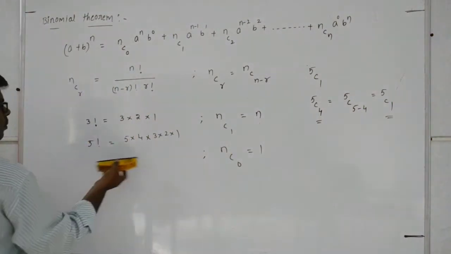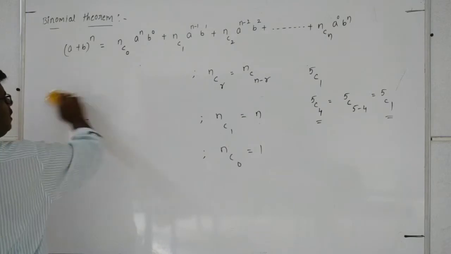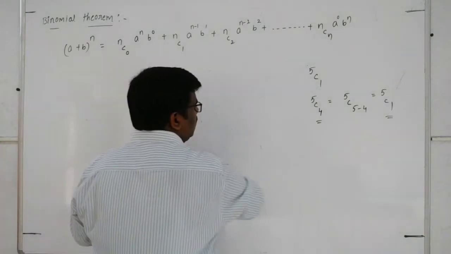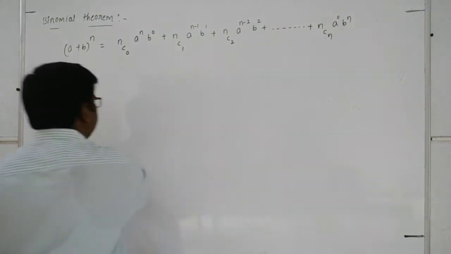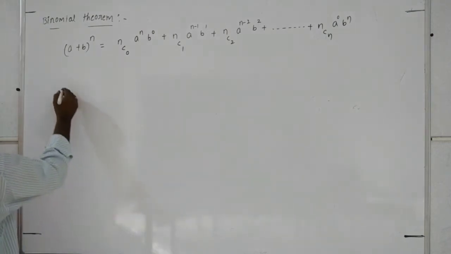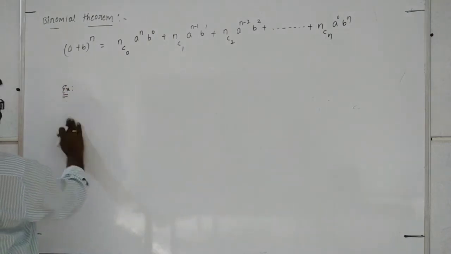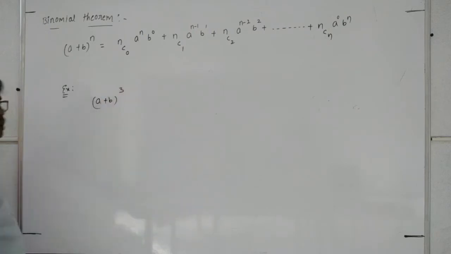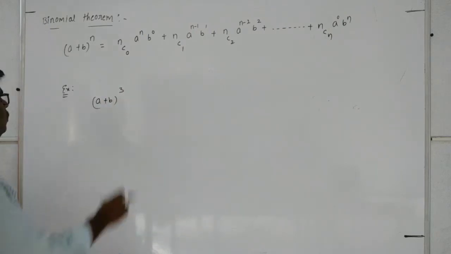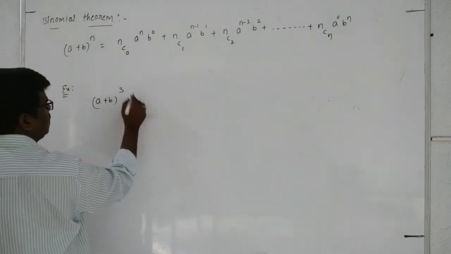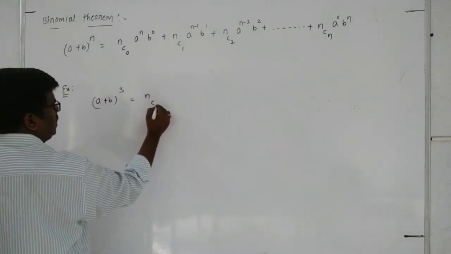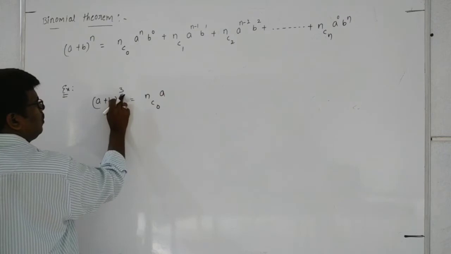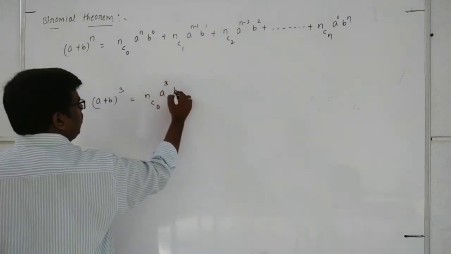Let us see one example here. Suppose you want to write (a plus b) whole cube, and you do not remember it. So it is simply like this. First, NC0 a power n: n is how much now? 3. b power 0.